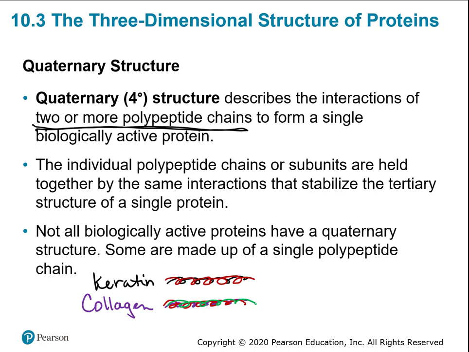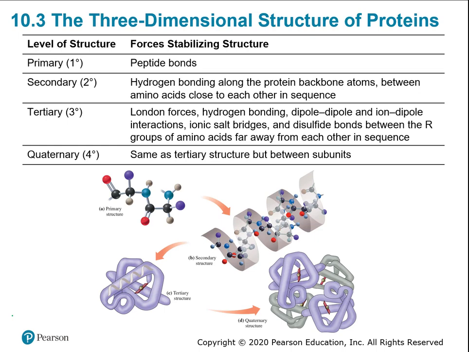The example that they use is looking at hemoglobin. So this molecule here actually goes through all the levels of structure, okay? Primary structure, remember, is just the sequence. It's which amino acids are linked together into the chain. Secondary is when the backbone forms a helix or pleated sheet.